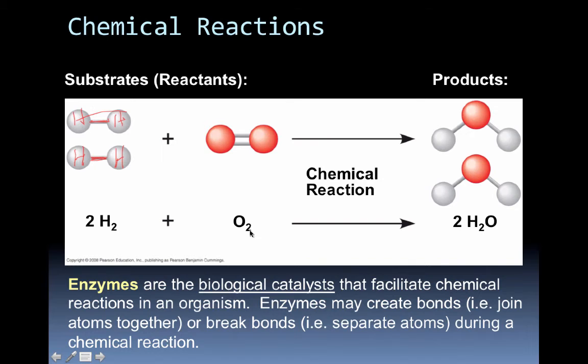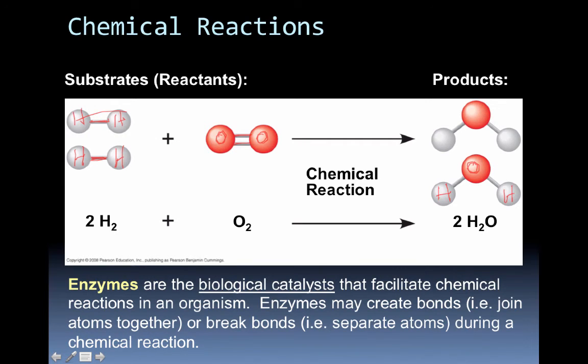Oxygen, just two oxygen atoms, is a molecule held together with two covalent bonds between two oxygen atoms. In the course of the chemical reaction, bonds are broken, new bonds are formed, and the result is products that include two molecules of water, H2O.